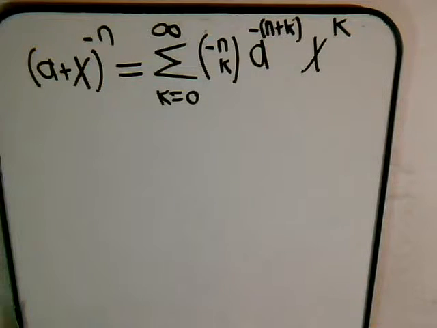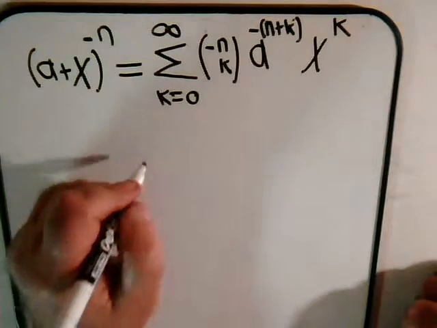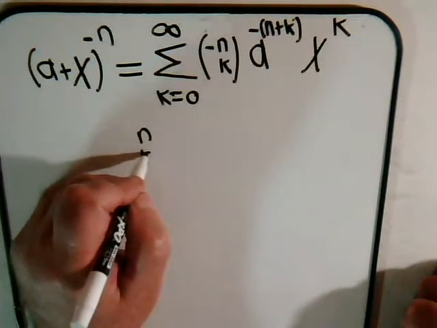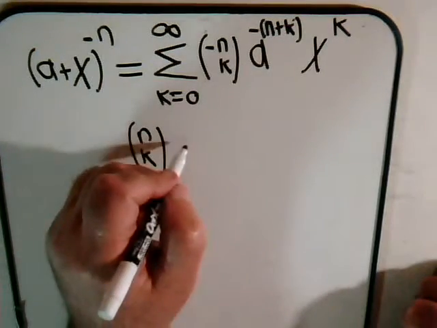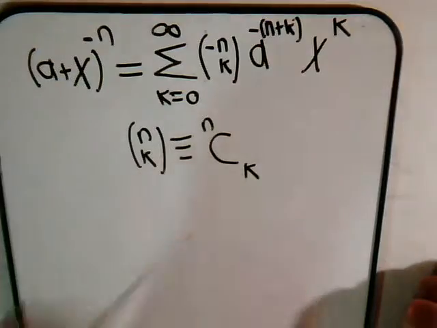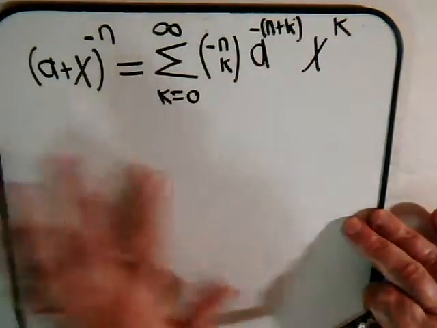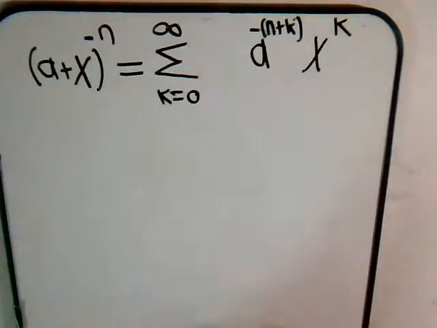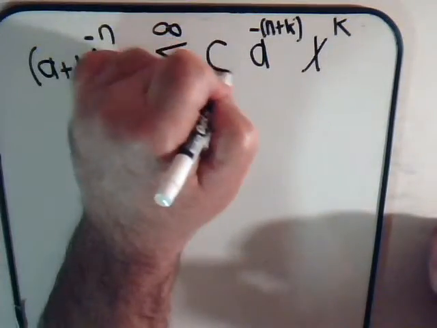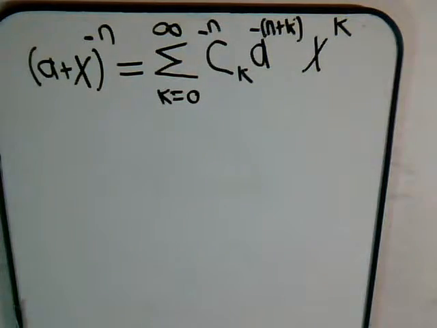Now, just as a bit of notation, in our previous videos, when we deal with binomial coefficients, you see us write it like this. So this right here we can write like this.